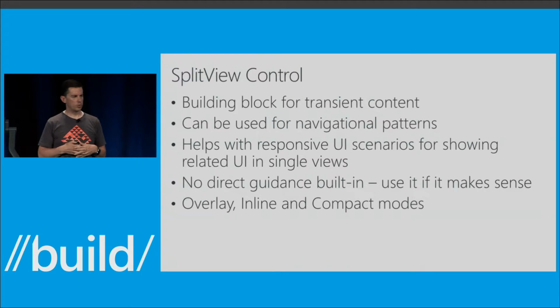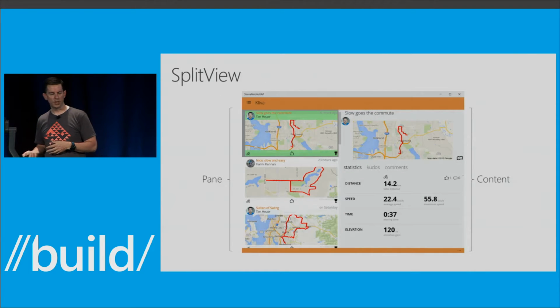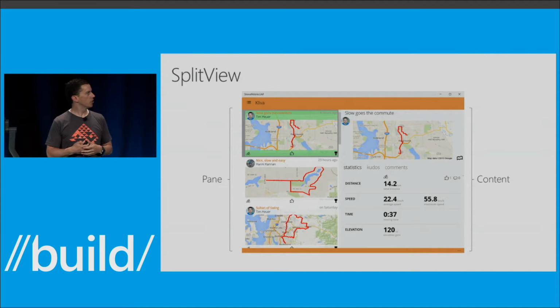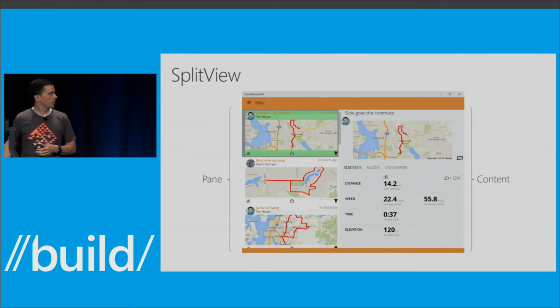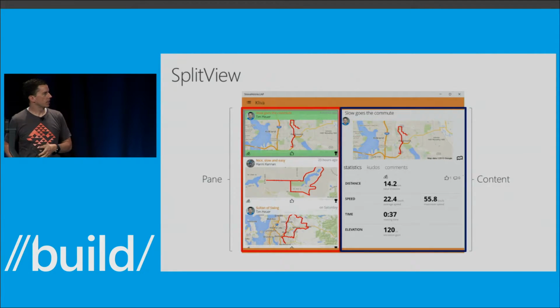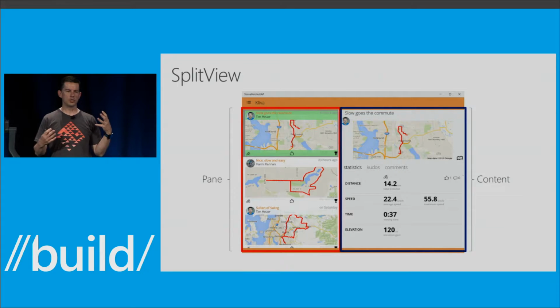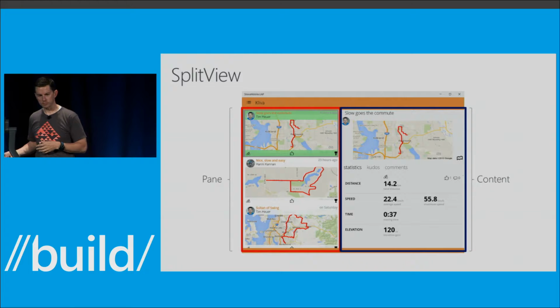We support an overlay mode and various inline and compact modes for you. This is an example of the breakout of the screen that we showed and what the pane and the content would look like on the split view. So there's basically two empty content areas where you can put your stuff.